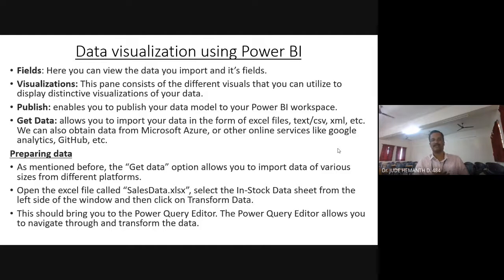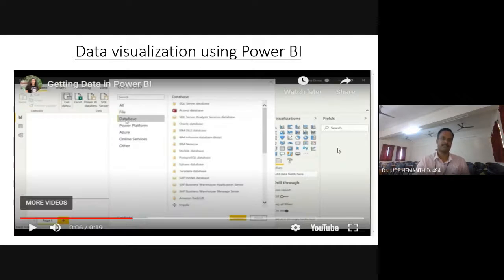So let us say, take for example, sales data.xls Excel file, select the in-stock data, right? So this is YouTube video, it is also available. You can have that file available, and here you can see a get data option, right?